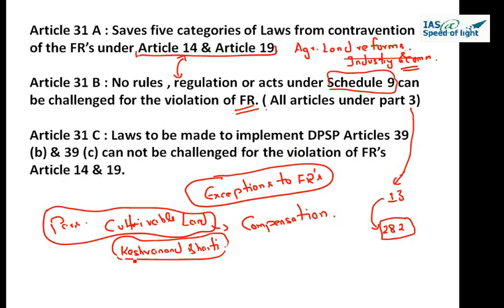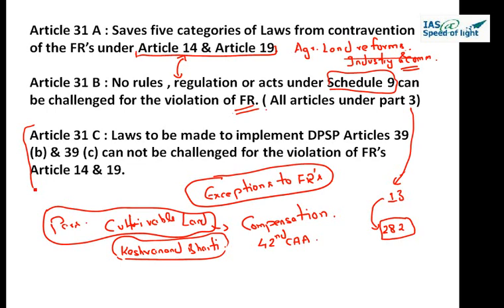In 1976, we again see the 42nd Constitutional Amendment Act, which actually extended the scope of this particular article. Earlier, if the state was going to implement the directive principles in 39 B and C, it would not be a violation.